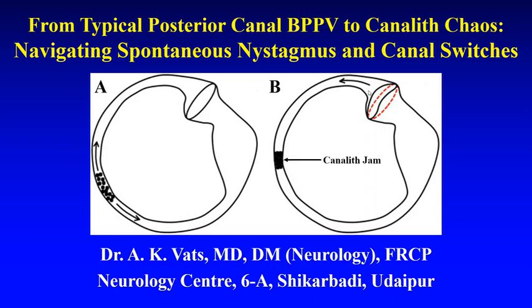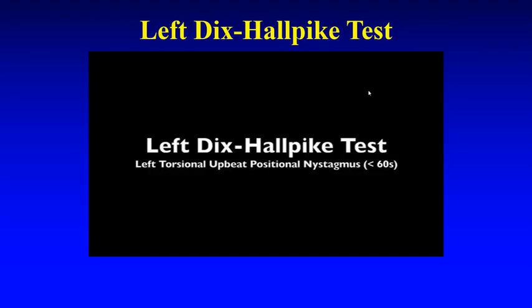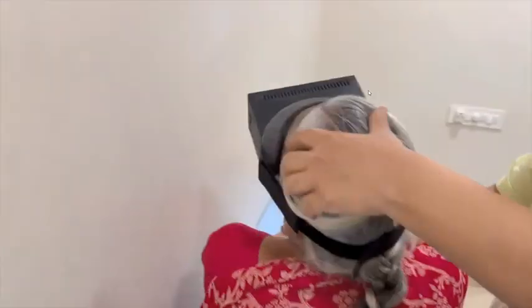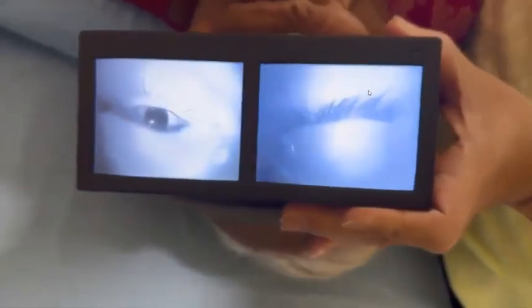Why this is important to realize is very illustratively shown in this patient. This is a 77-year-old female patient who came with a history of positionally triggered dizzy spells for the past 2 days, especially on lateral recumbency and getting out of the bed.